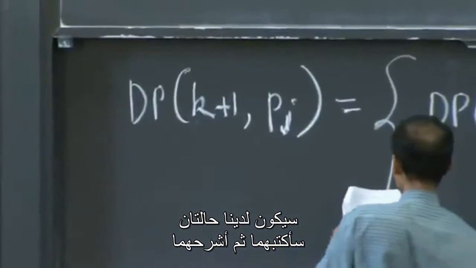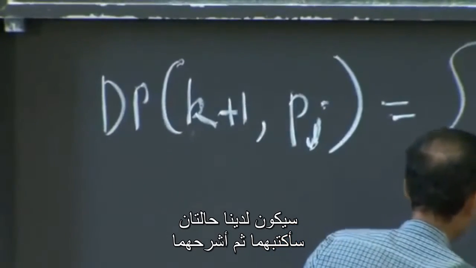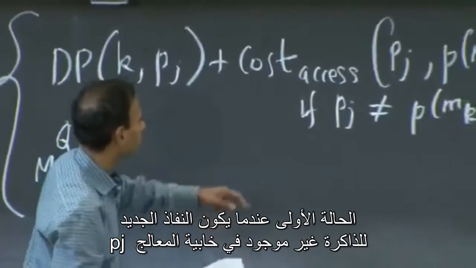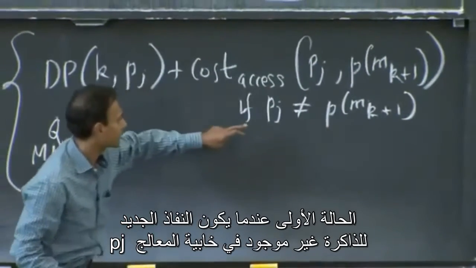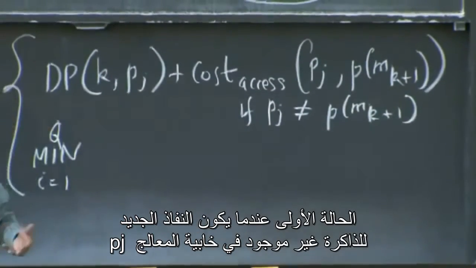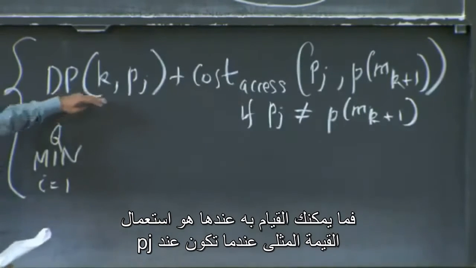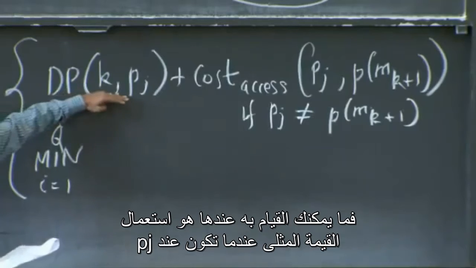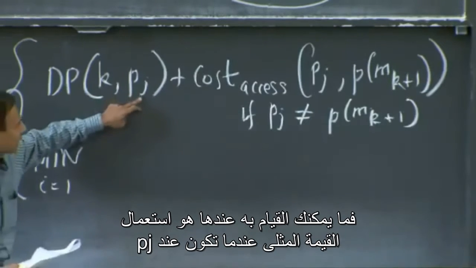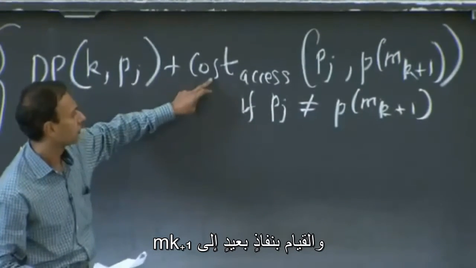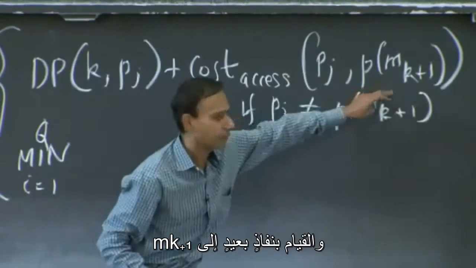Right? So there's going to be two cases. I'll just write this out and I'll explain it. But the first case corresponds to if the new memory access is not in the processor cache corresponding to PJ, then what you could do is use the optimum value where you end at PJ and simply do a remote access that corresponds to accessing MK plus 1.